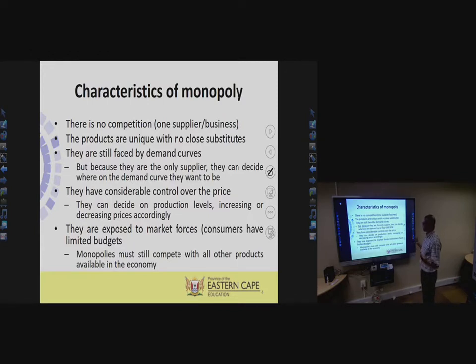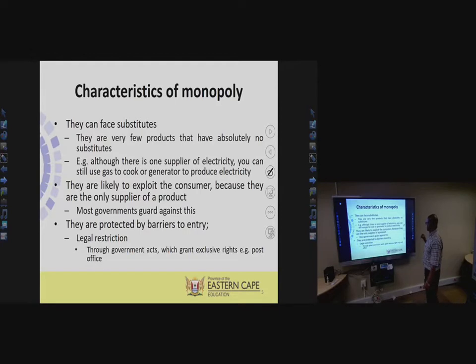Therefore, if your product as a monopoly is very expensive, consumers will simply decide to forfeit this product and buy other products. So monopolies also have to think that they are still competing with other products in the market.